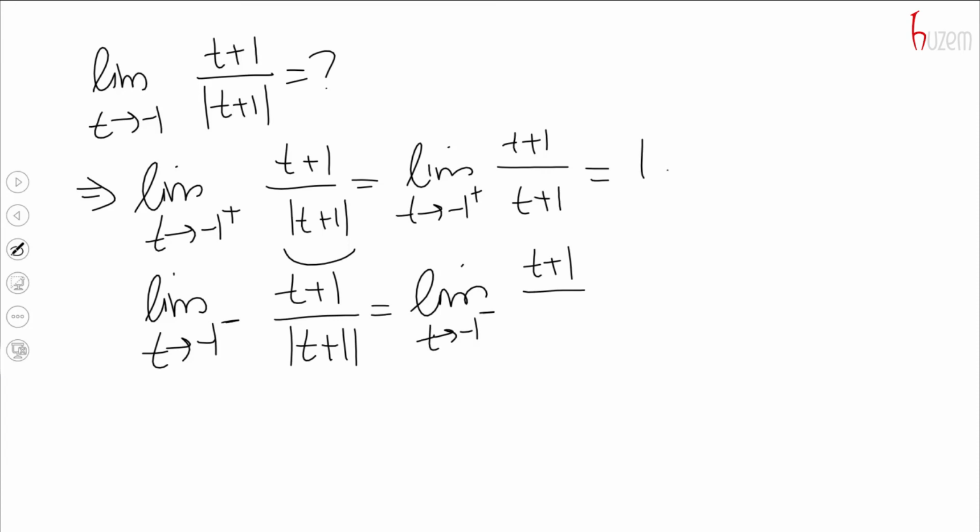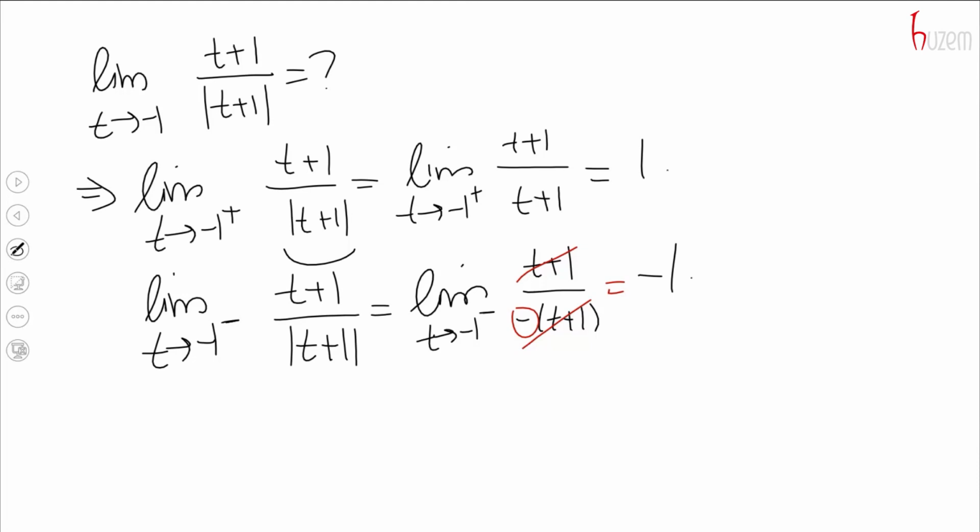If you add 1 to that number, it will still be negative. So inside the absolute value, you have something negative, so out of the absolute value, it can come with a negative sign. So this will be negative of t plus 1. If we cancel these common terms from both numerator and denominator, we'll see we end up with negative 1.